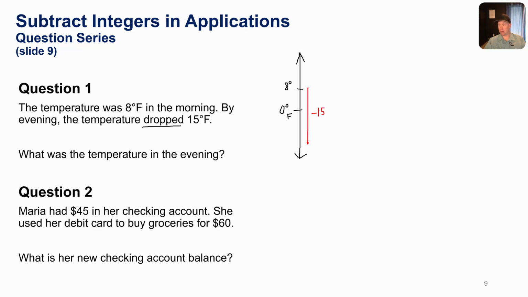If I was to write this actual expression, this would be 8 minus 15 here. And 8 minus 15 is equal to negative 7. So you would be at negative 7 degrees Fahrenheit in the evening.